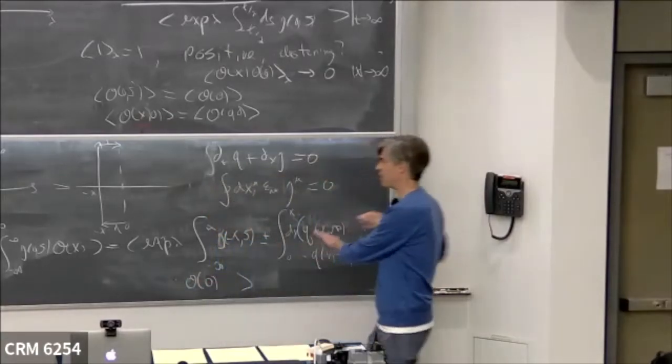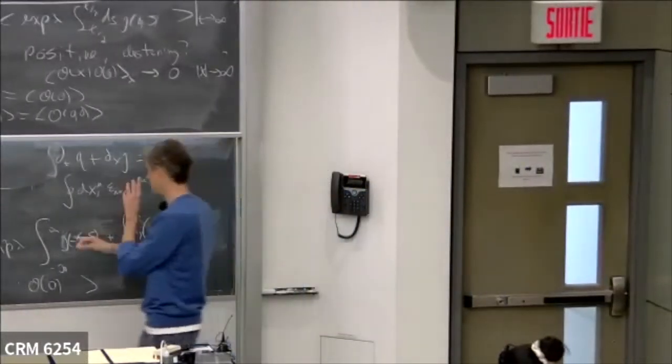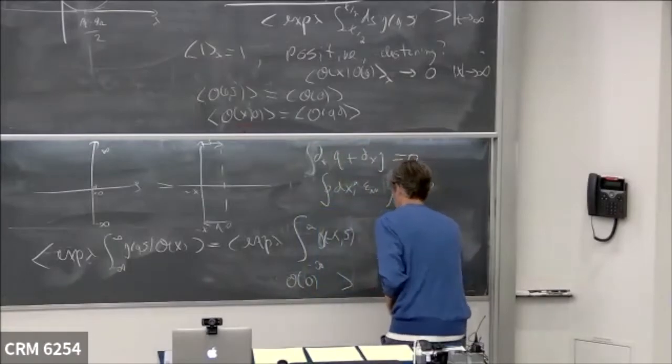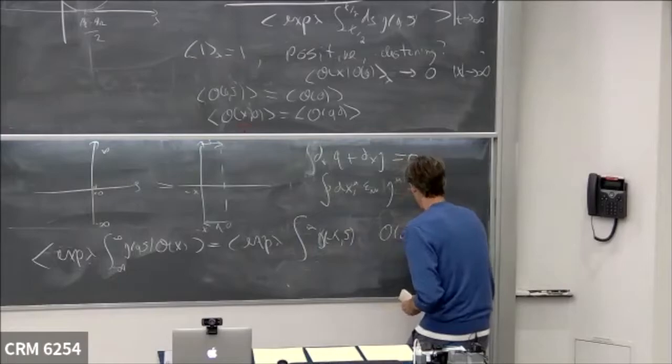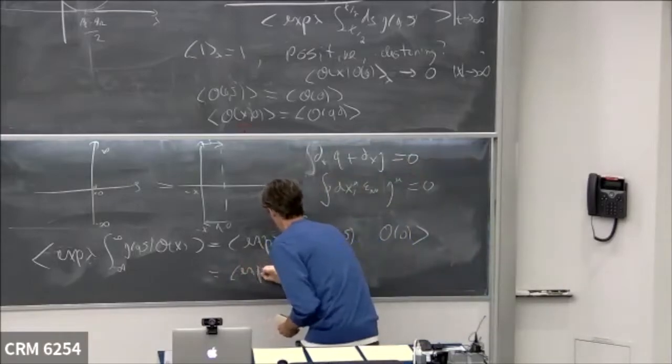So I shift everything to minus x. No, sorry. I shift everything to minus x. So this is O0, and now I shift back. That's the whole point, right?